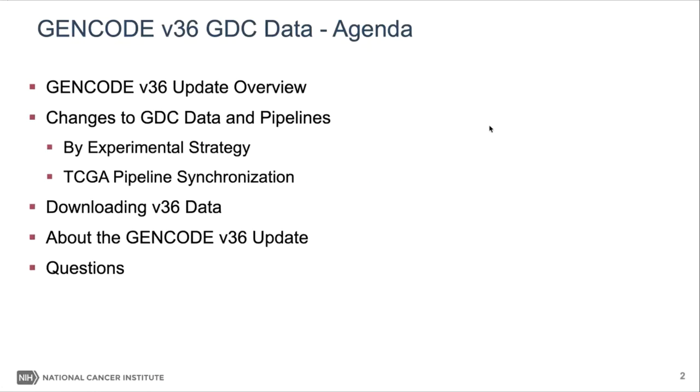This is kind of going to be sprinkled throughout, but one of the main changes here is synchronization of the TCGA pipelines to the other projects. So you'll learn a little bit more about that. Next, we'll talk about how to download V36 data, and then we're going to talk a little bit about how the update happened. And finally, we'll have a Q&A session at the end.